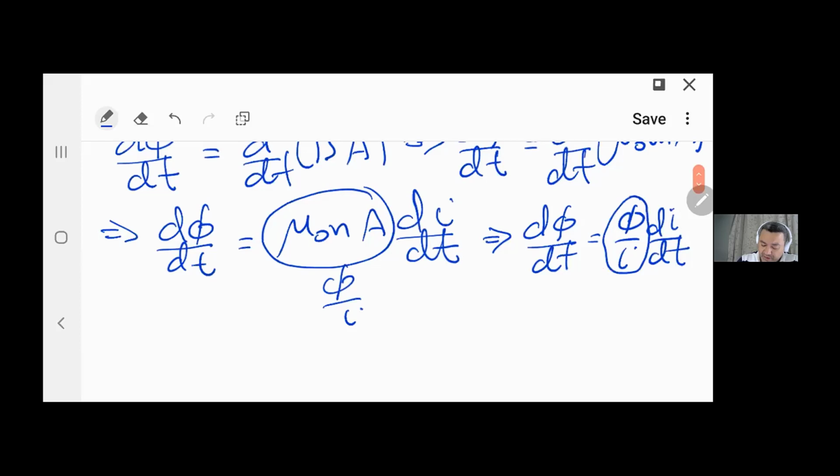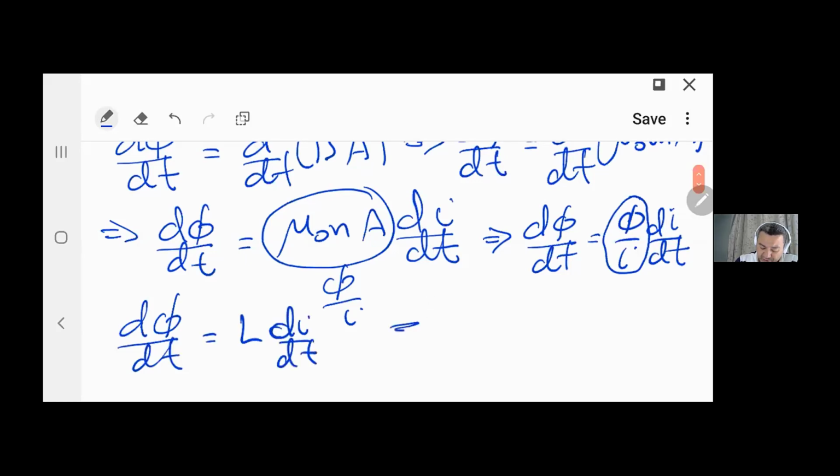And we define the phi divided by I as the self-inductance of this coil. So d phi over dt equals L di over dt.